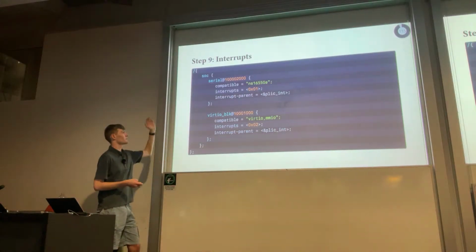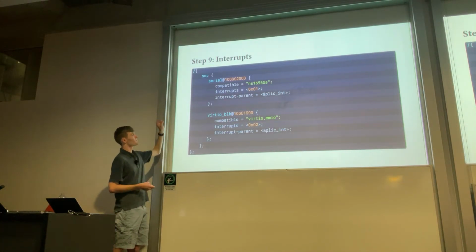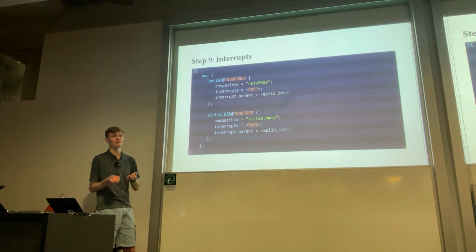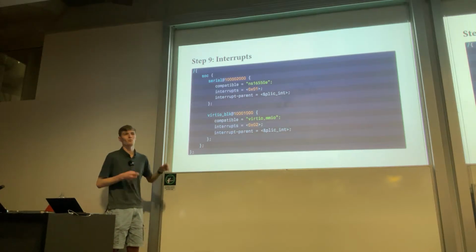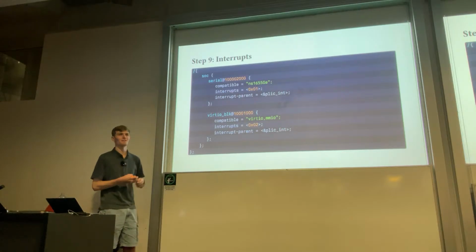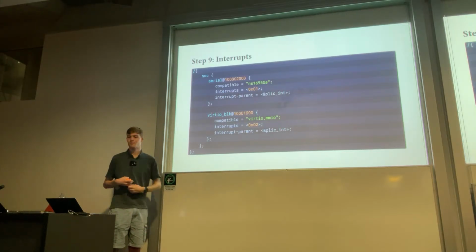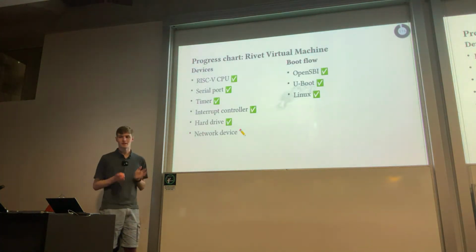And then our serial port and our Virtio block device can just say interrupt parent is the PLIC instead of the hart, and they can say which bit of the PLIC they interrupt. In this case, we just get to choose that arbitrarily. But yeah, cool. We've got an interrupt controller.